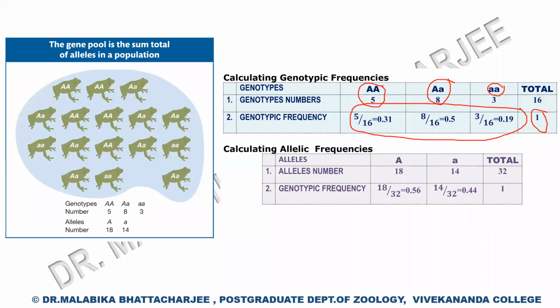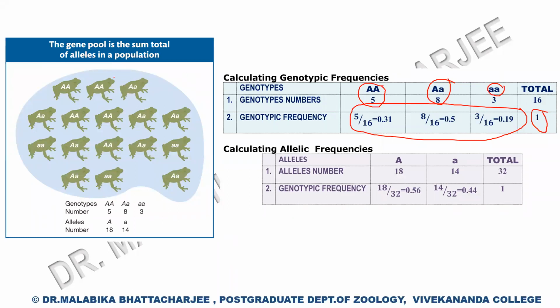Now we need to have the concept of allelic frequency. So as I said, the story started with 16 individuals. So there were 16 frogs, and each frog carried 2 alleles. So the total number of alleles was 32.